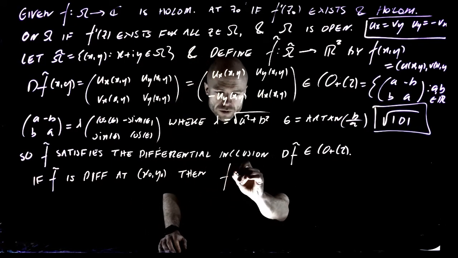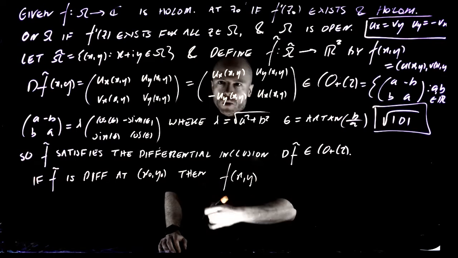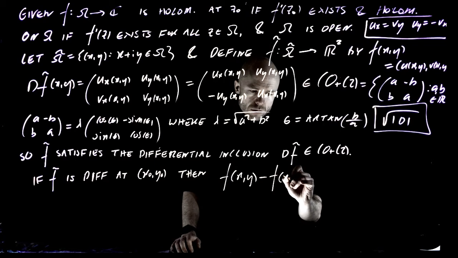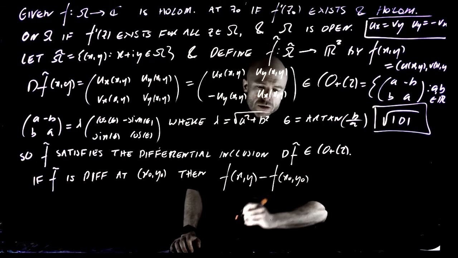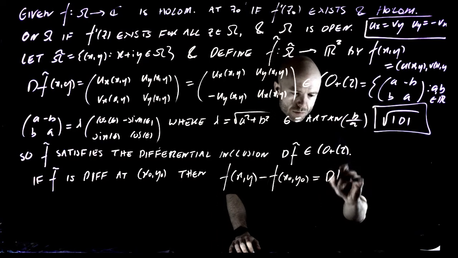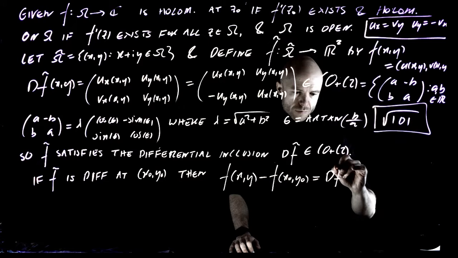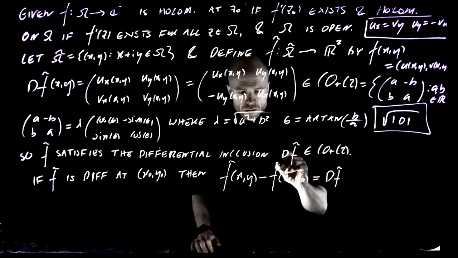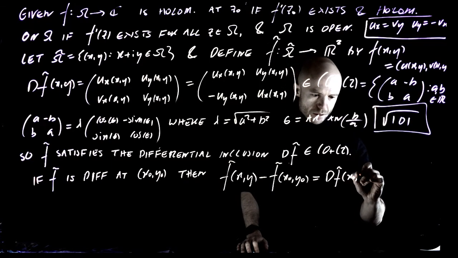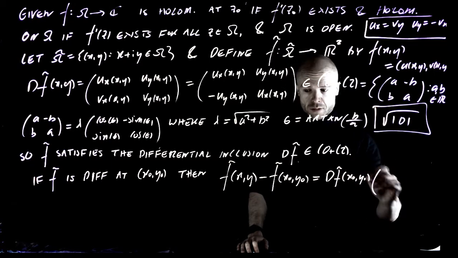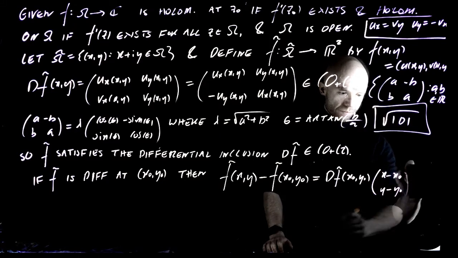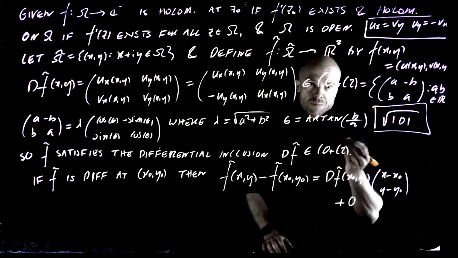It means that if we have some x, y near x0, y0, then this thing is equal to the gradient, oops, I'm writing F tilde all the time, which is this 2 by 2 matrix, at the point x0, y0, acting on this vector, x minus x0, y minus y0, plus some little error.